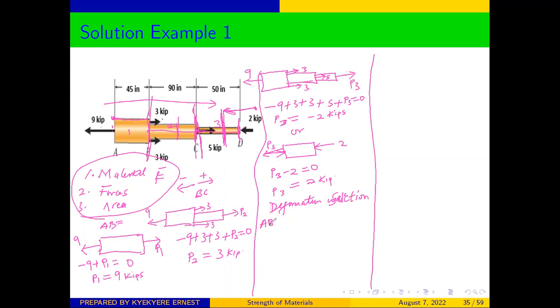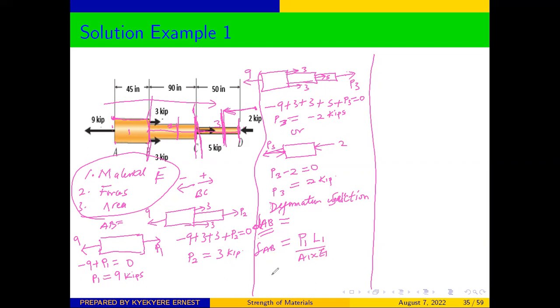AB is section 1 from point A to point B. The question says that we should determine the deformation in each of the various sections. Therefore, deformation in AB, delta AB, should be equal to the internal force P1 times the length L1 over A1 times the modulus of elasticity.